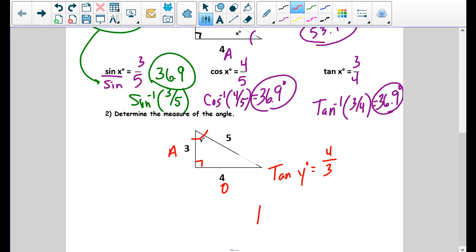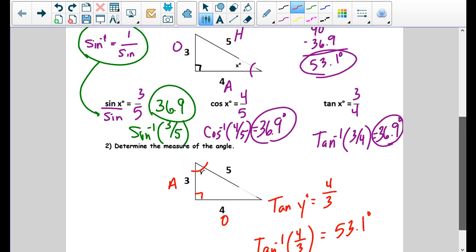So then to solve, we're typing in inverse tangent of 4 over 3. What is it? 53.1. And again, so we can use trig to find that other angle measure, just like we did there. You could also subtract it from 90, and you can see we got the same answer for both.